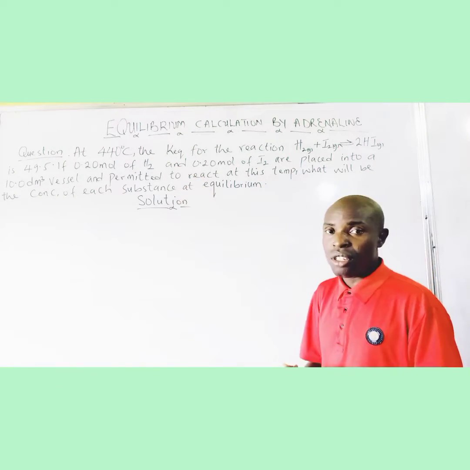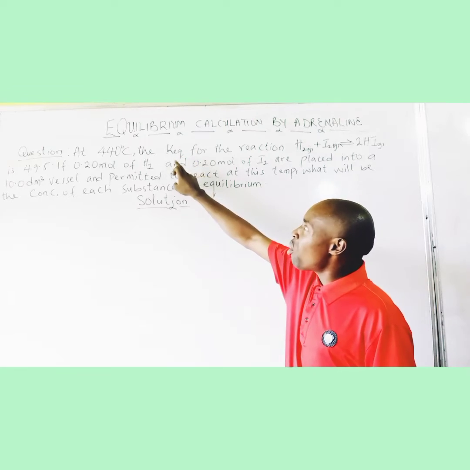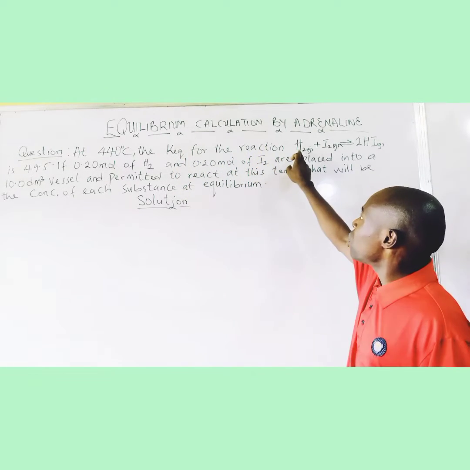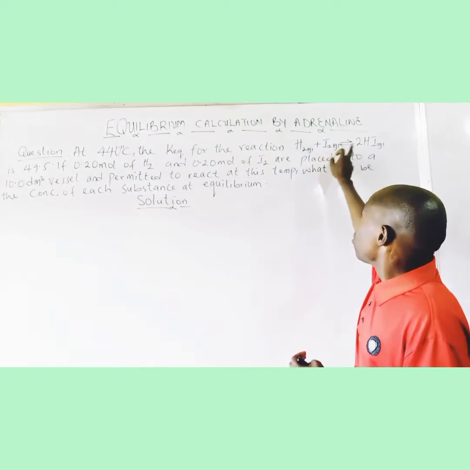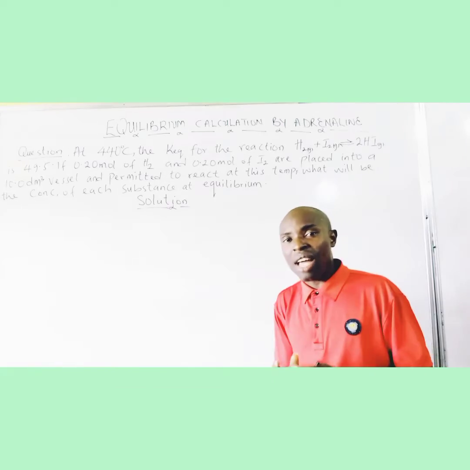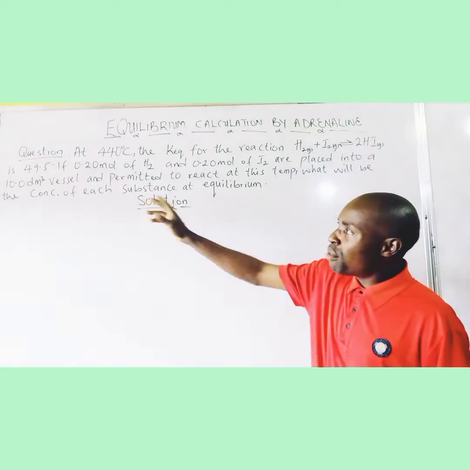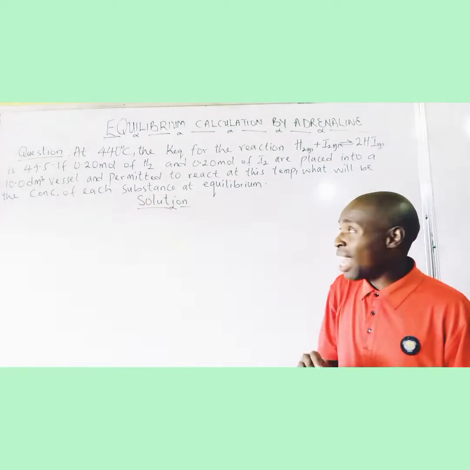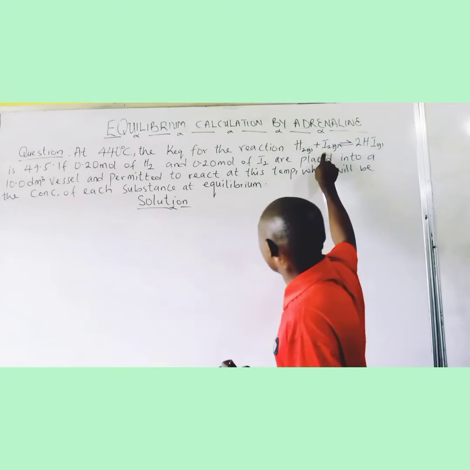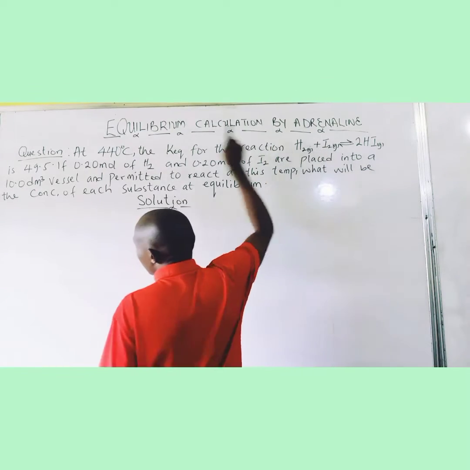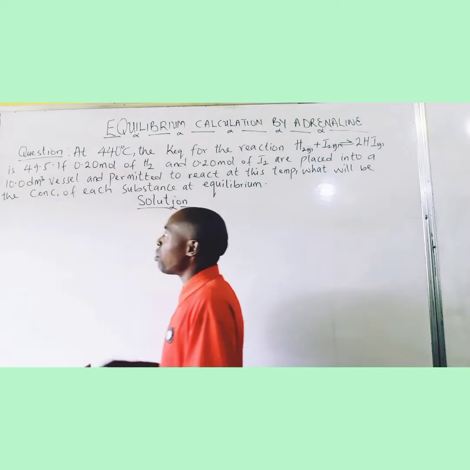At 440 degrees Celsius, the equilibrium constant for the reaction, which is hydrogen reacting with iodine to give us hydrogen iodide, is 49.5. That is to say that the equilibrium constant for this reaction that you can see right on the board is 49.5.